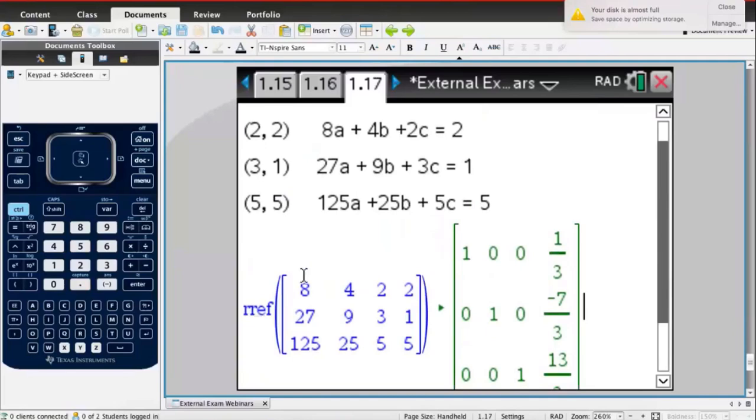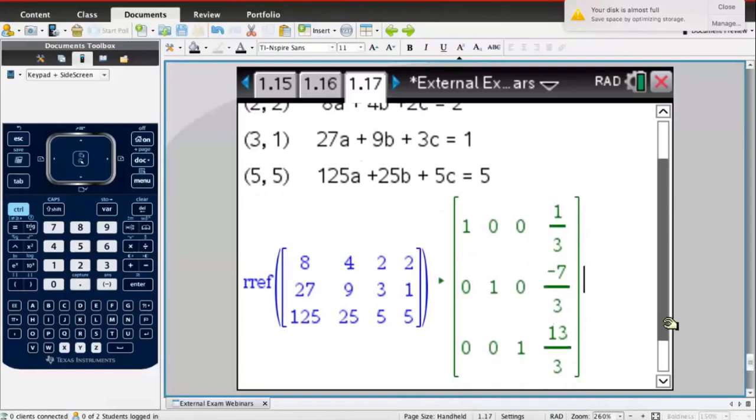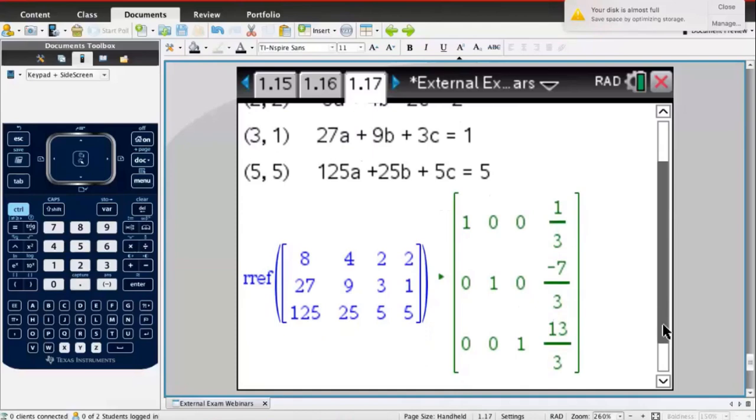So if you put in the A coefficients, 8, 27, 125, B coefficients, 4, 9, 25, C coefficients, 2, 3, 5, and then the digits that they equal, 2, 1, and 5, and then hit enter, there's our solution there. So A is a third, B is -793, and C is that. So yeah, using a math box, very handy tool, and I thoroughly recommend it.